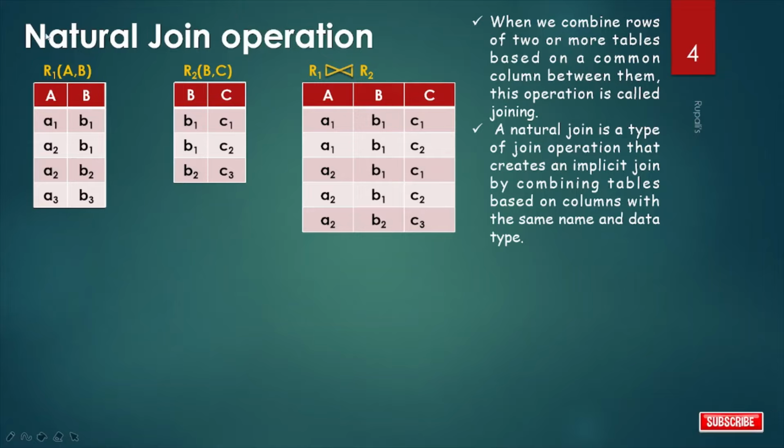So there are two tables R1 and R2 and the common column is B. After natural join we get this table: A1 B1 C1, A2 B1 C1, A1 B1 C2, A2 B1 C2 and A2 B2 C3. A natural join is a type of join operation that creates an implicit join by combining tables based on columns with the same name and data type.